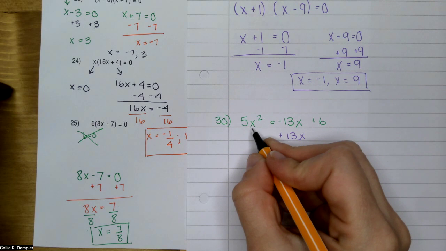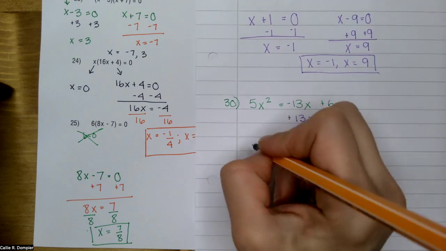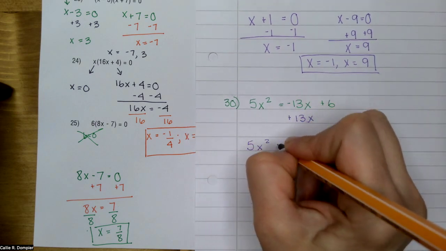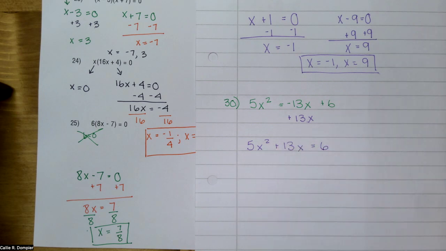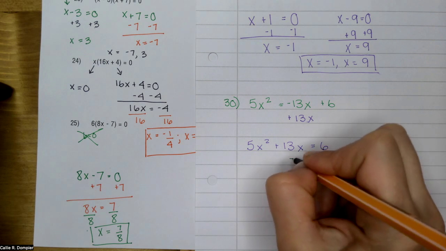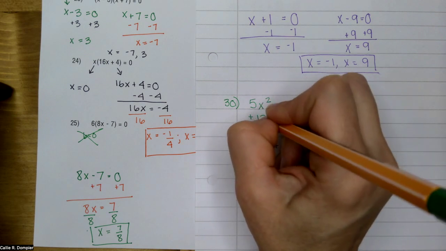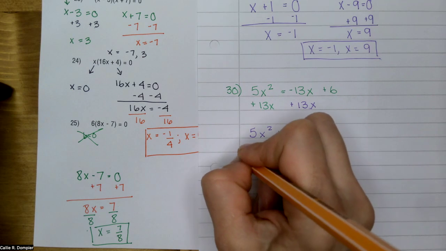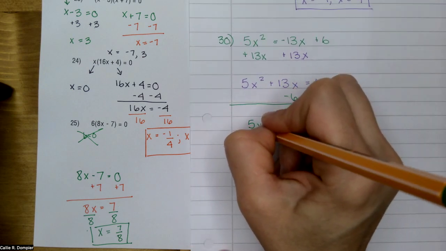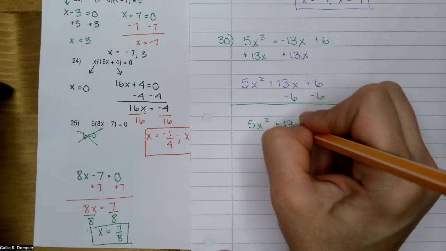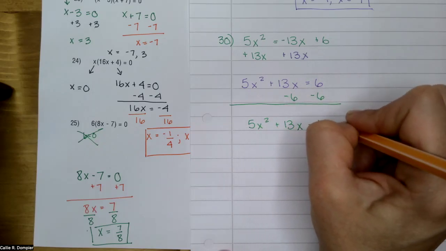Because I want my leading term to be positive. My leading term is my 5x squared. 5x squared plus 13x equals 6. Move that 6 over by subtracting 6 from both sides. It becomes 5x squared plus 13x minus 6 equals 0.